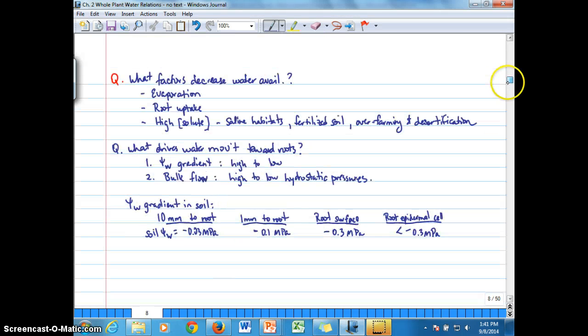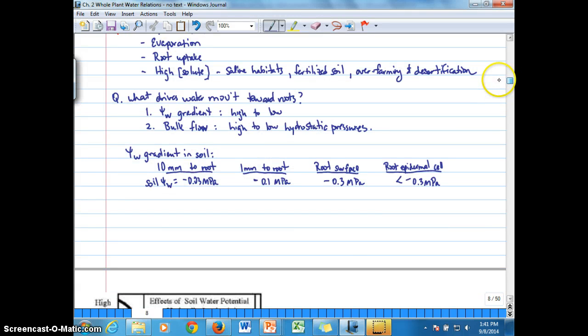Okay, now let's look at a question that might be relevant in non-stressed habitats, say in the soils of the eastern deciduous forests.